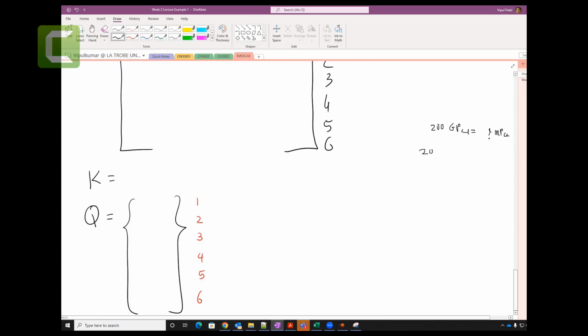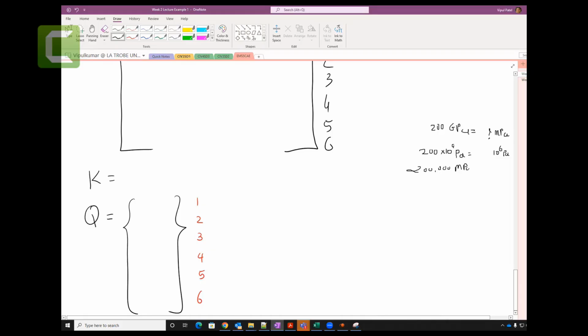Now, gigapascals is 10 raised to the power 9 pascals, and megapascals is 10 raised to the power 6 pascals. So if I want to convert, I would have 200 thousand megapascals.